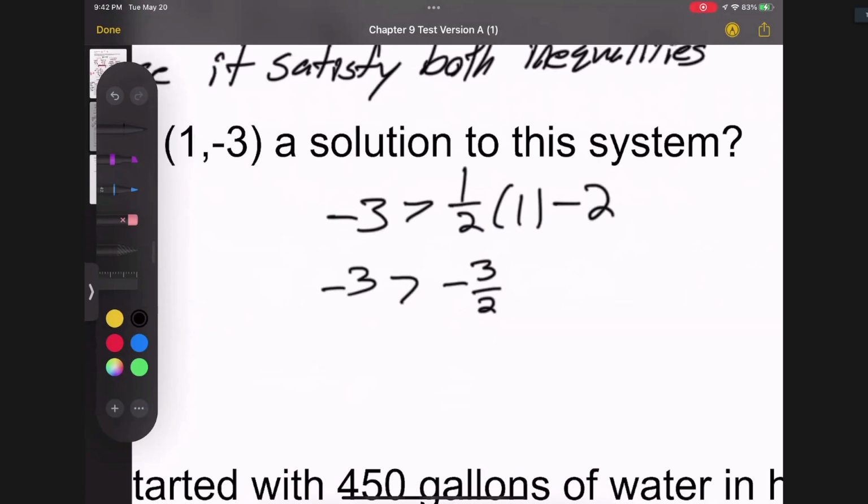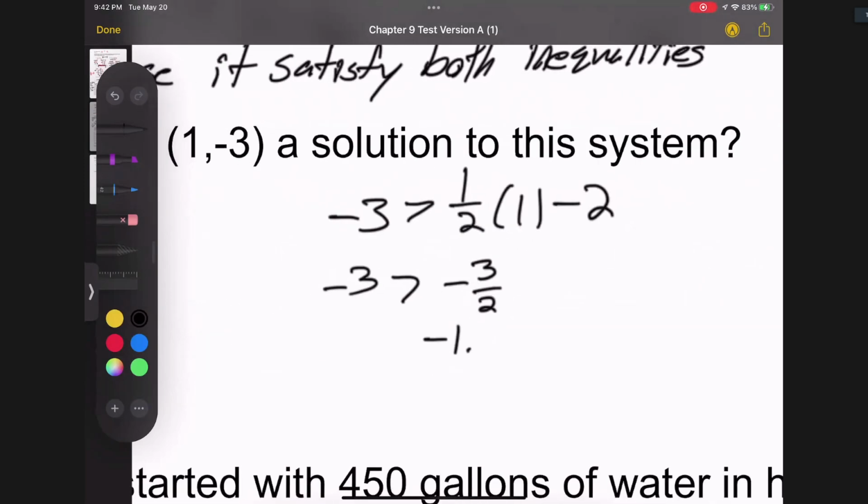Now, -3 halves is -1.5. What this is saying is -3 is greater than -1.5. No, that is not true. Or I should just say false.